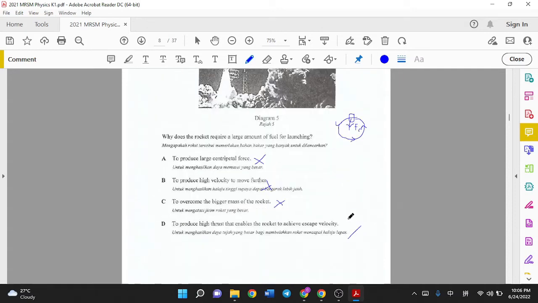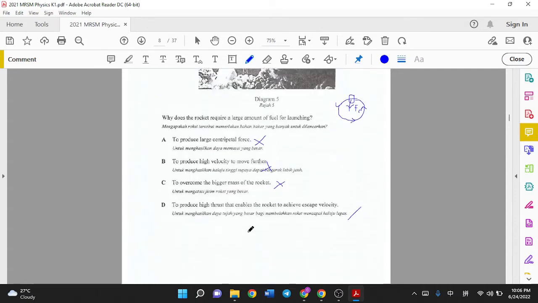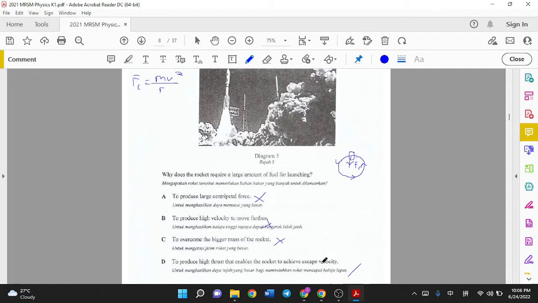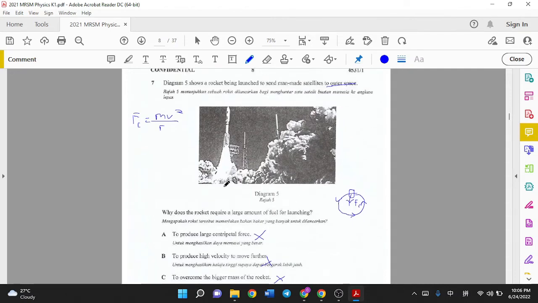Okay, so let's do some revision. We have two types of velocity in chapter 3. We learned two equations for velocity. One is the linear velocity of the planets, and another is the minimum velocity, the escape velocity of the object.